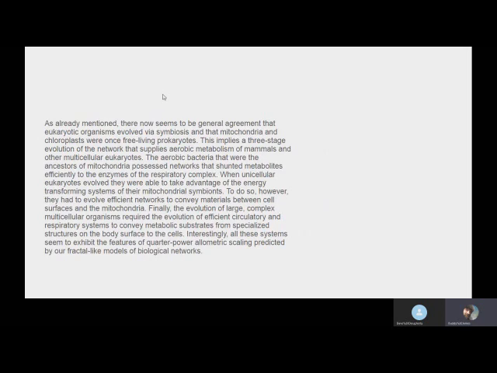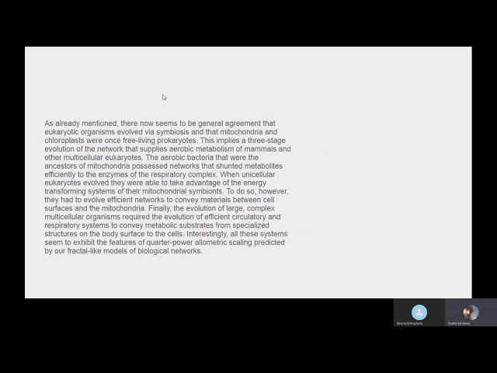So the aerobic bacteria that were the ancestors of mitochondria possessed networks that shunted metabolites efficiently to the enzyme of the respiratory complex. When unicellular eukaryotes evolved, they were able to take advantage of the energy transforming systems of their mitochondrial symbionts.